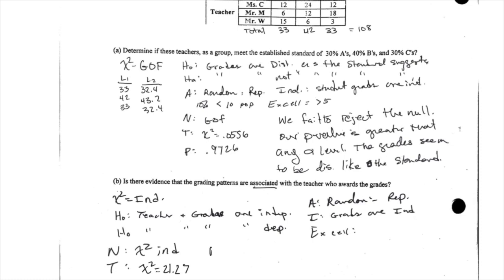The p-value equals... Give me a second. Chi-square test. It's 0.00028. So in this example, our conclusion, we reject.